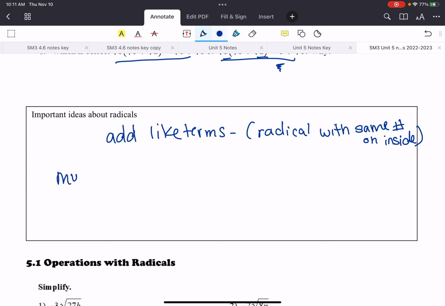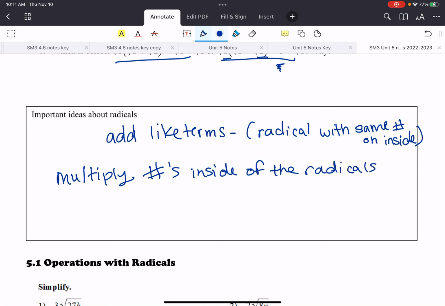And we can multiply numbers inside of the radical. Radical is the name of the symbol. Okay.